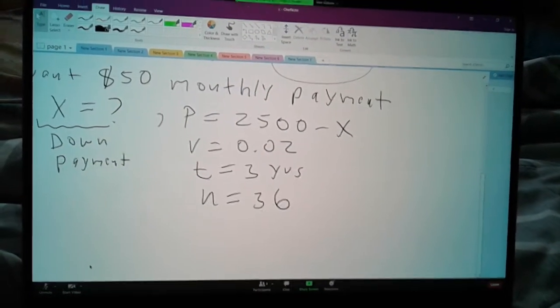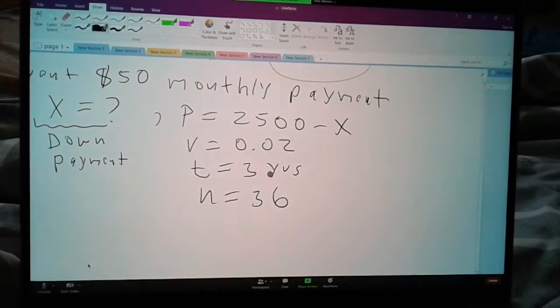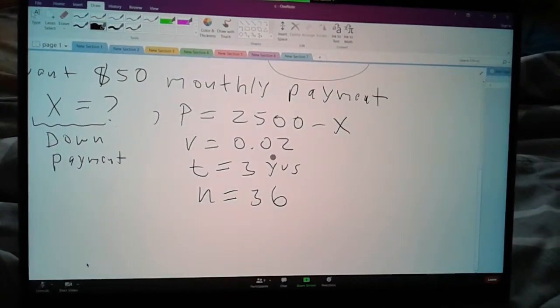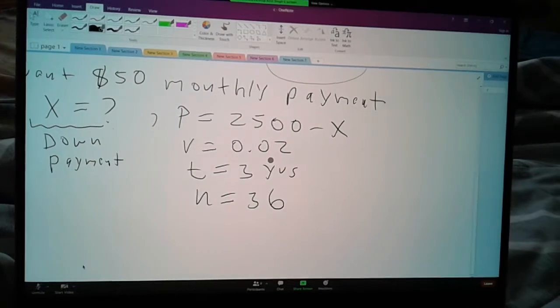So you're still keeping everything else the same. 3 years, 2%, and 36 payments, right?